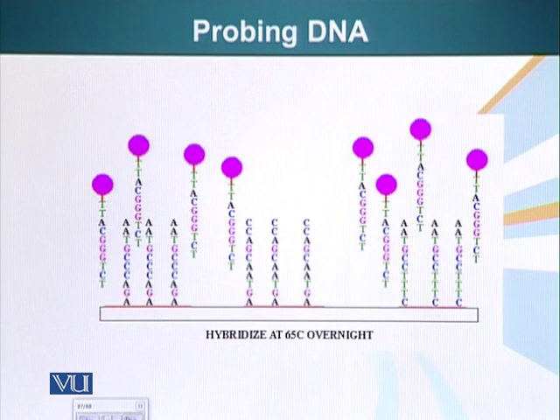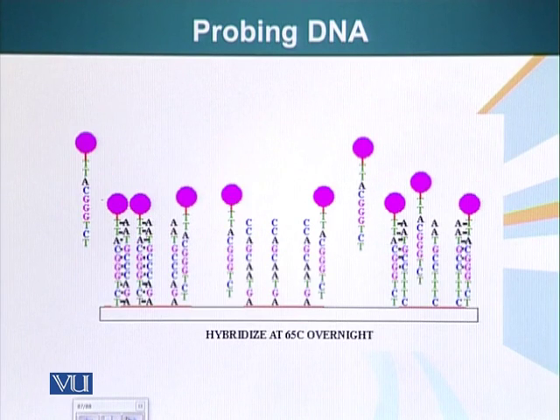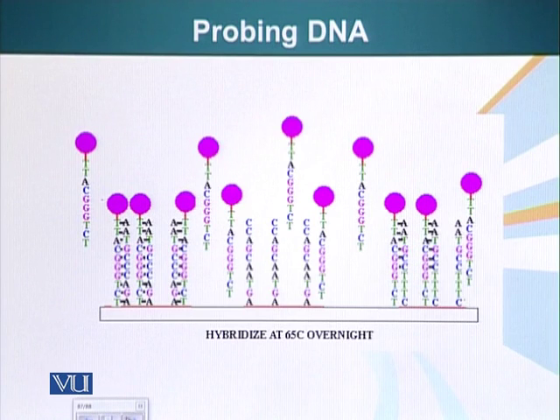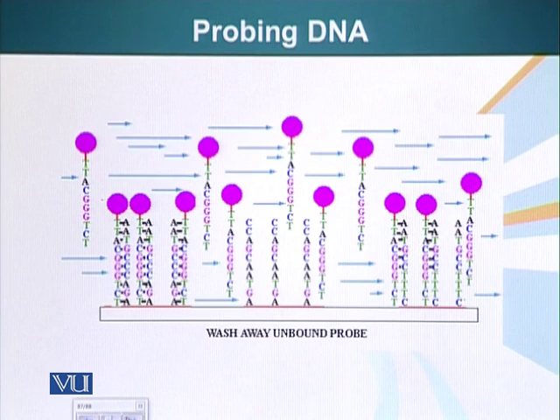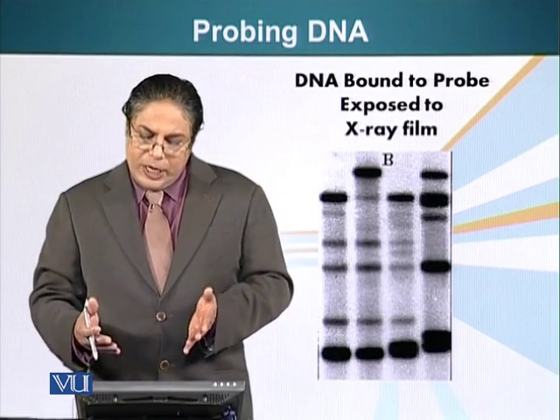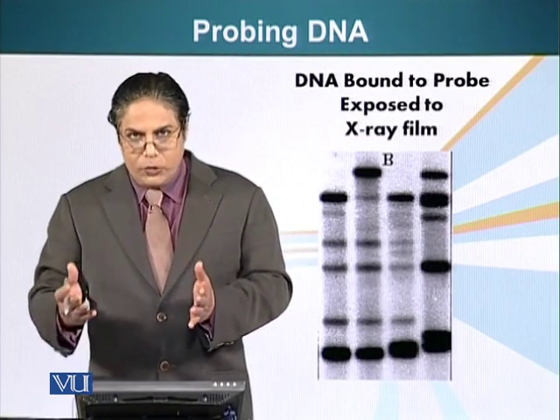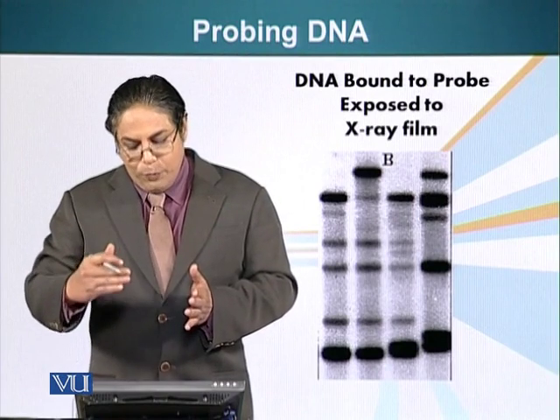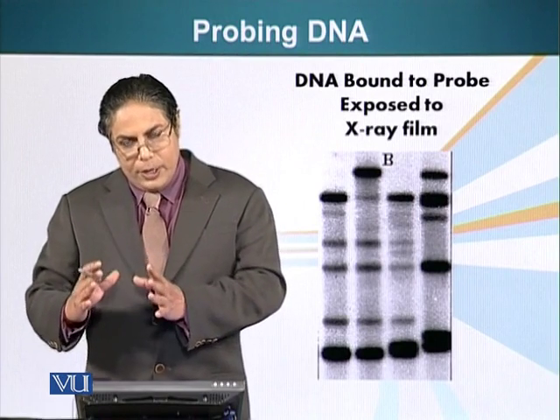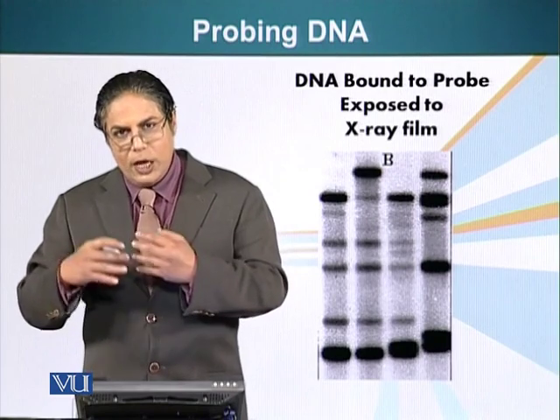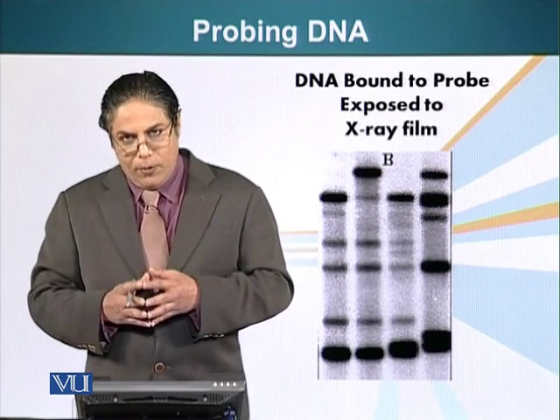So again, this is a technique which we use to detect presence or absence of change in the DNA sequence. This is a photograph of a gel exposed to an X-ray film, used to determine whether a particular mutation has caused removal of a restriction site or not.